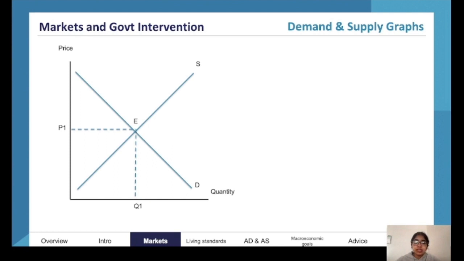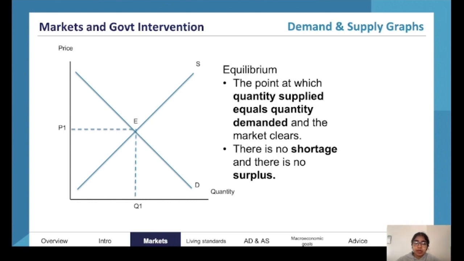Okay, so now let's discuss the markets and government intervention. When we talk about a market, it's pretty much demand and supply working together. Here is an example of a demand and supply curve. This point labeled E here is called the equilibrium.